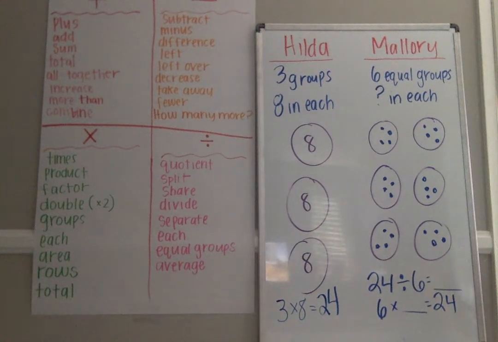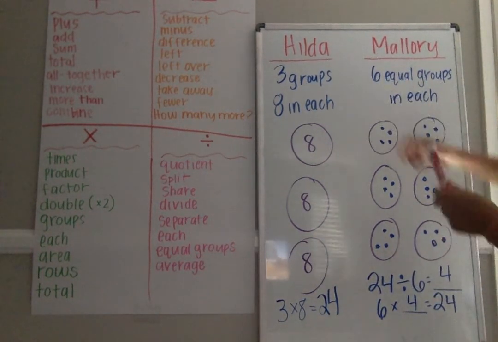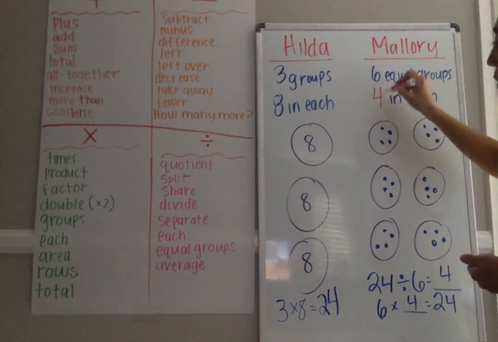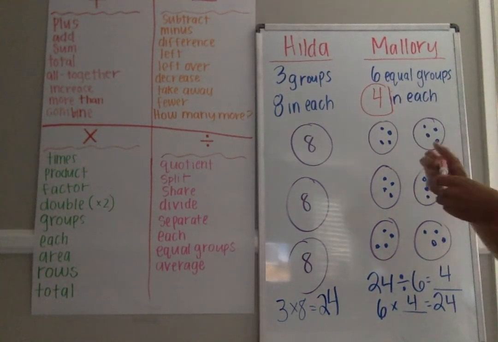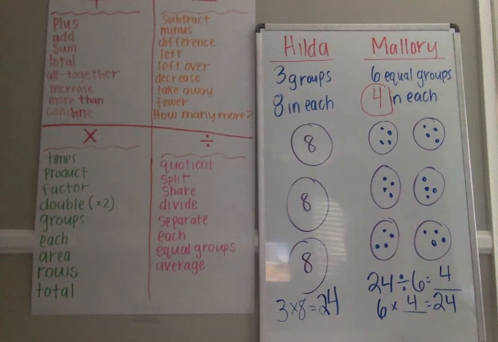So when I divide 24 seashells into 6 groups, I have 4 seashells in each group. So that means that Mallory had 4 seashells in each group. So your answer becomes 4.